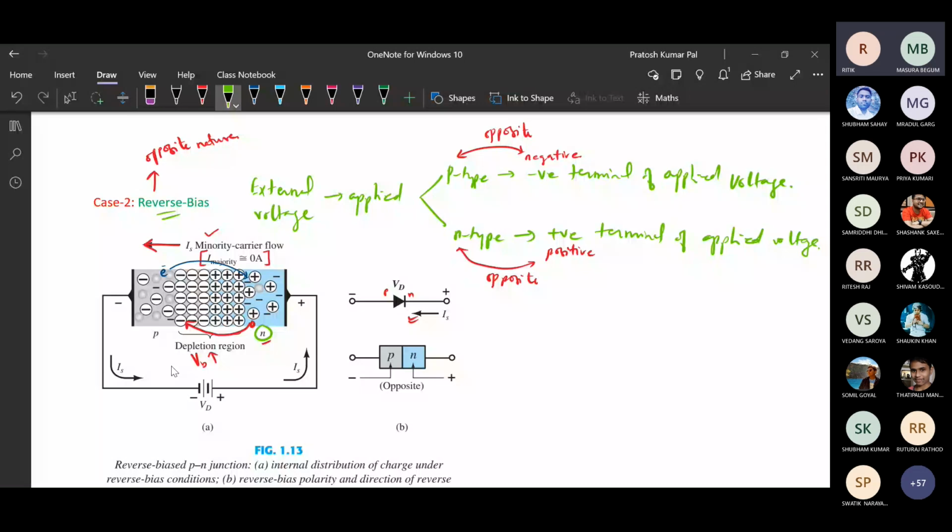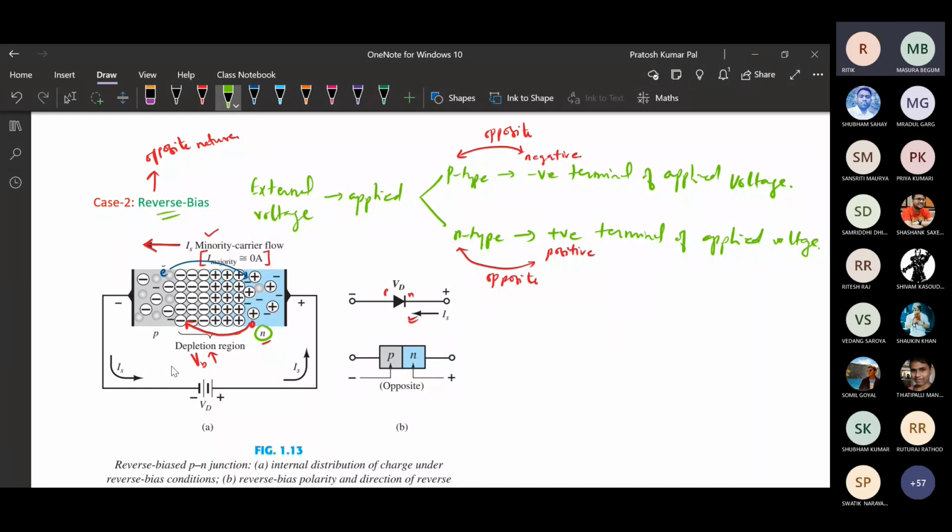That constant value of reverse current will not be able to increase even if we are applying a higher reverse bias voltage. The minority carrier current is considered as a saturated current.